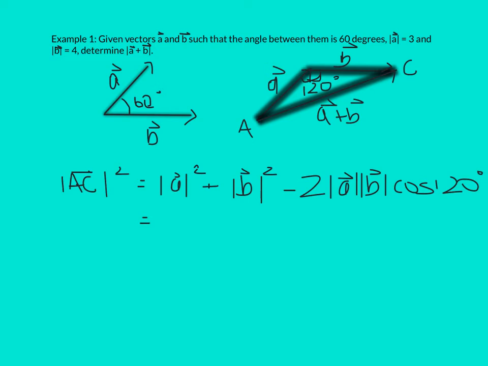So we know that A is 3, so 3 squared is 9. 4 squared is 16, minus 2 times 3 times 4. And the cosine of 120 degrees is negative half.